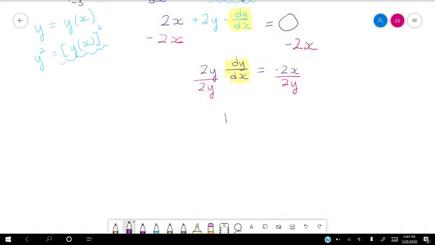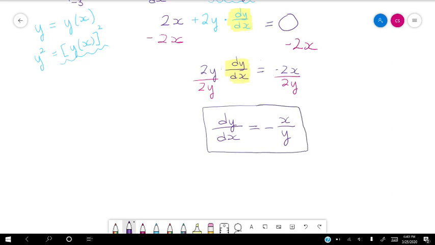We're left with dy dx is equal to, let's see, negative 2 over 2 is negative 1, and we're left with negative x over y. So there you go. Negative x over y is our derivative function of a circle.